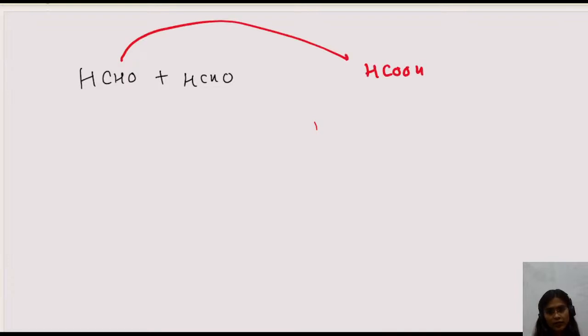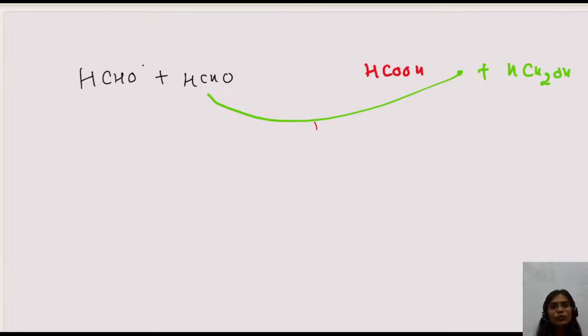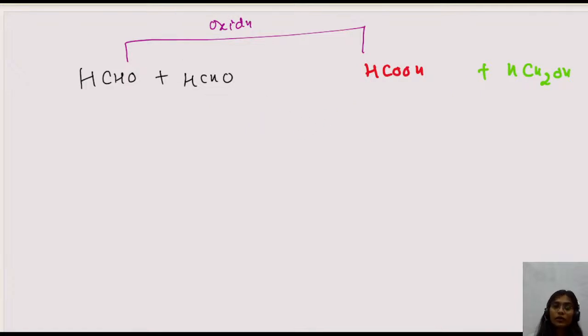So the same group undergoes oxidation as well as reduction. Looking at one, it's an oxidation, addition of oxygen. On the other hand, converting aldehyde into alcohol is the reductive part. So the same formaldehyde is converted to the acid as well as the alcohol.